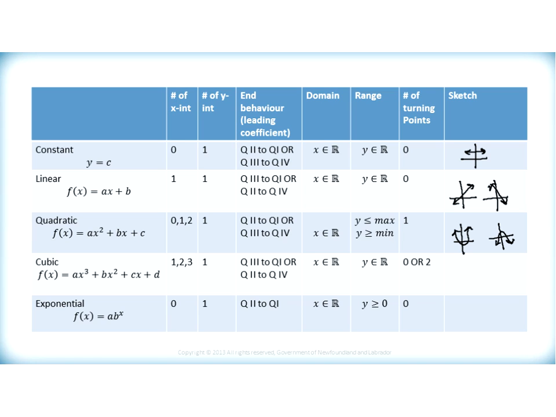For a cubic, if you have a positive leading coefficient, we would have an N-shaped graph. For a negative leading coefficient, we'd have a backwards N-shaped graph. And of course, an exponential, we have an increasing exponential, or we have a decreasing exponential. And the end behavior for each of those are the same.